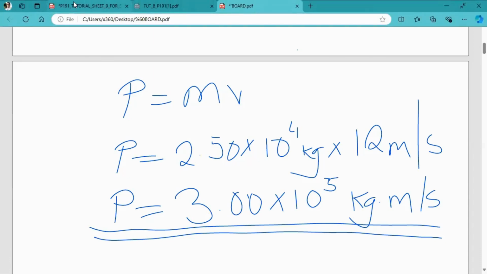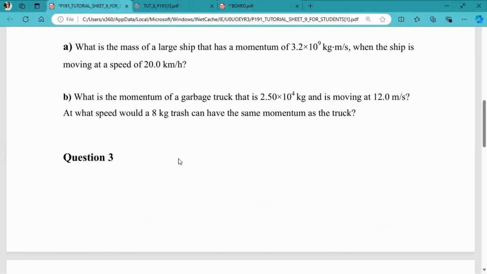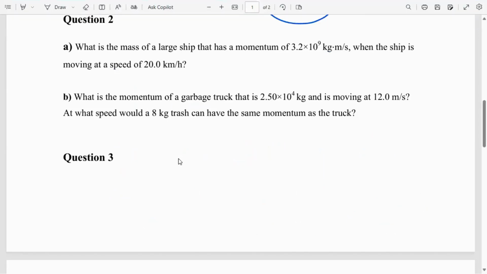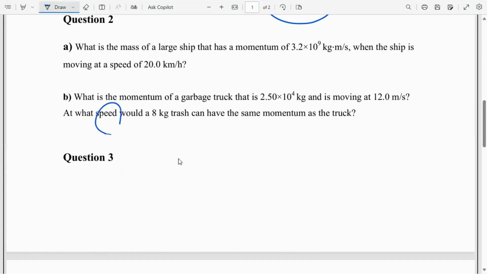And then there was another question, which is saying at what speed, so we're supposed to find the velocity here. They've specified that we are looking for speed. At what speed would an 8 kg trash can have the same momentum as the truck? That means we have the mass of this trash can, mass is equal to 8 kilograms.